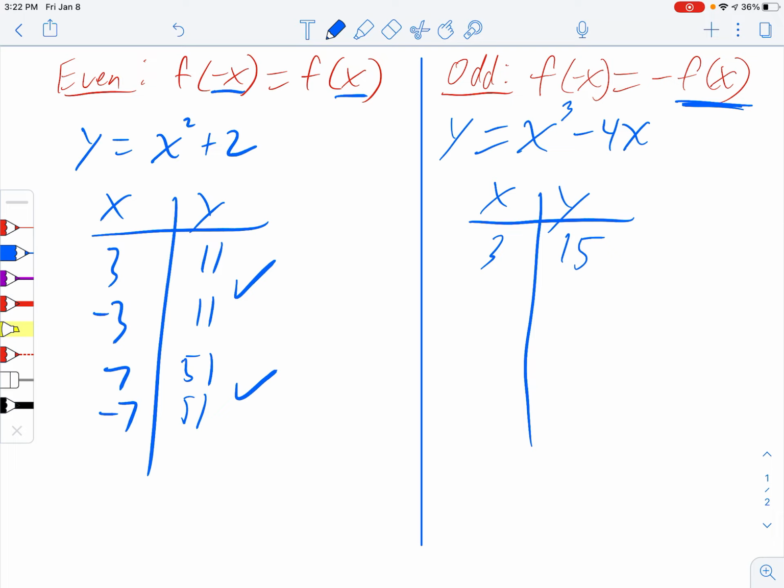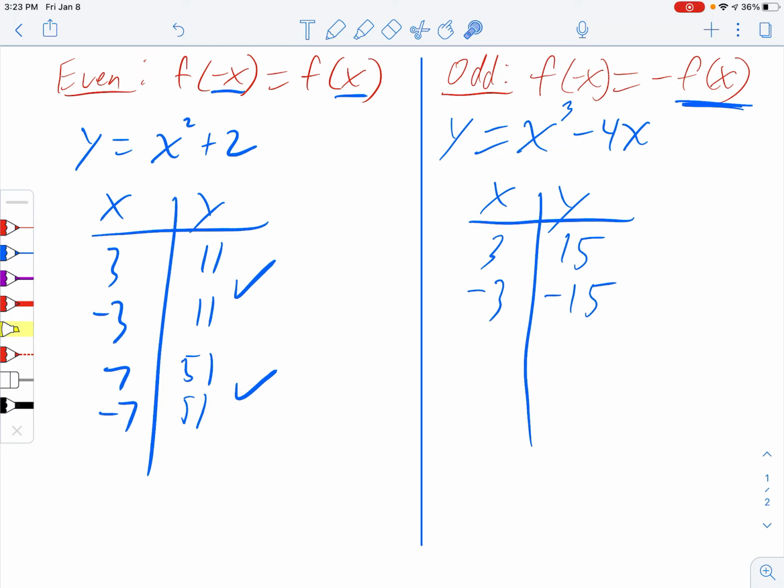Now let's see what happens when I plug in the opposite x value, when I plug in negative 3. I get negative 3 cubed, which is negative 27. Negative 4 times negative 3 is positive 12. So I get negative 27 plus 12, which is negative 15.